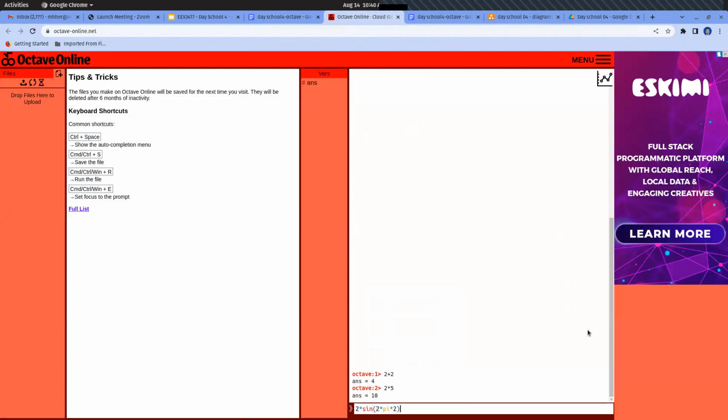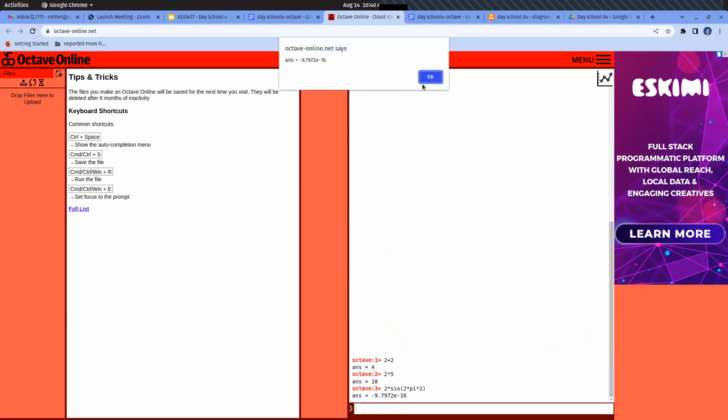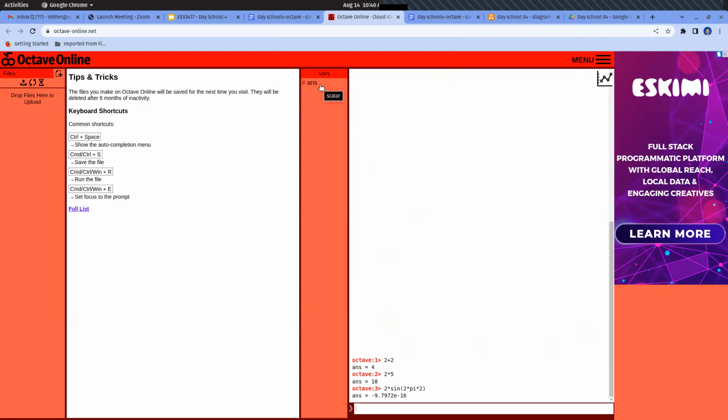Pi is 3.14, and this equation is 2 multiply sine 2 pi into 2. The answer is this one. You can quickly check the answer, and see only the last answer by clicking this.